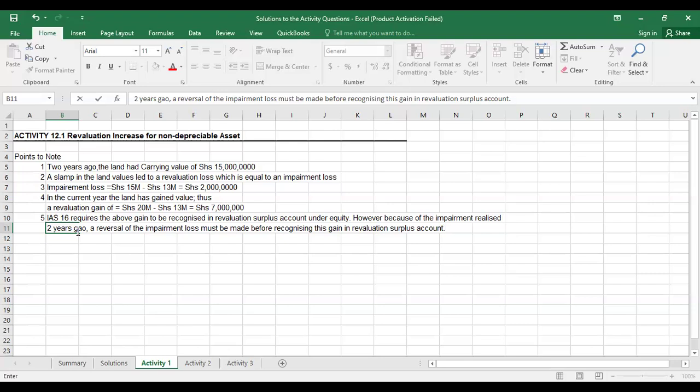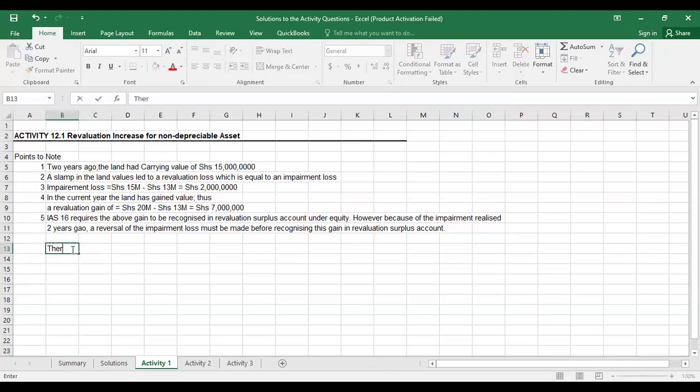However, there is an adjustment we have to make. The revaluation loss is recognized in profit or loss under expenses. The 2 million is there, so we are going to make that adjustment in that statement.